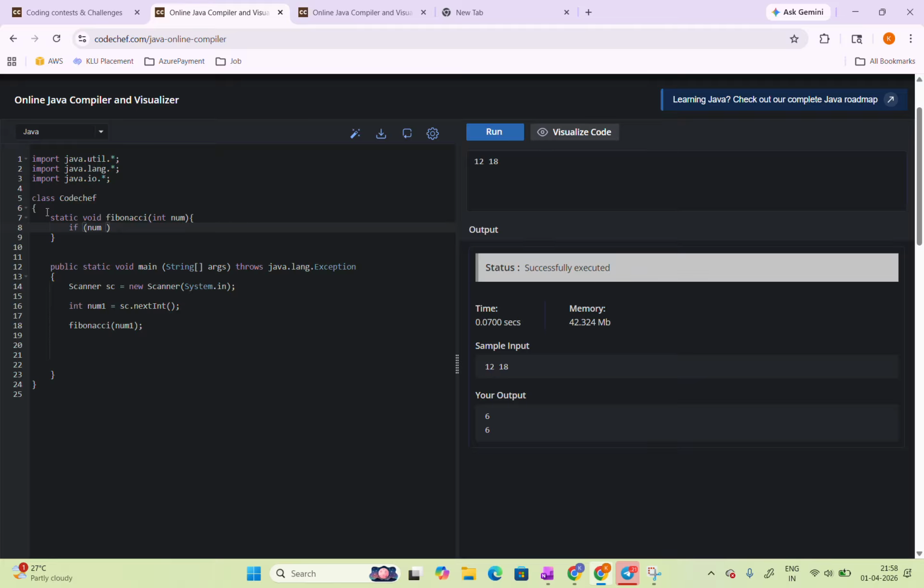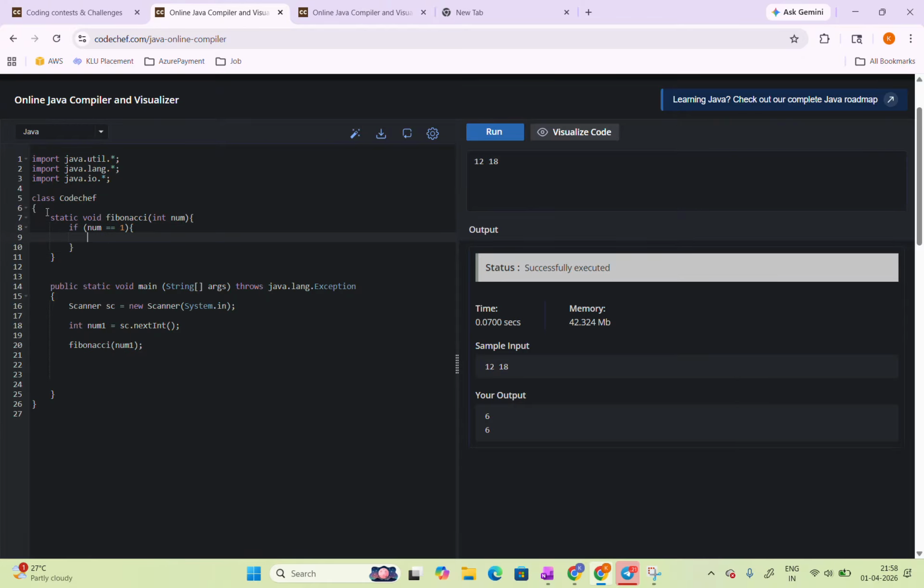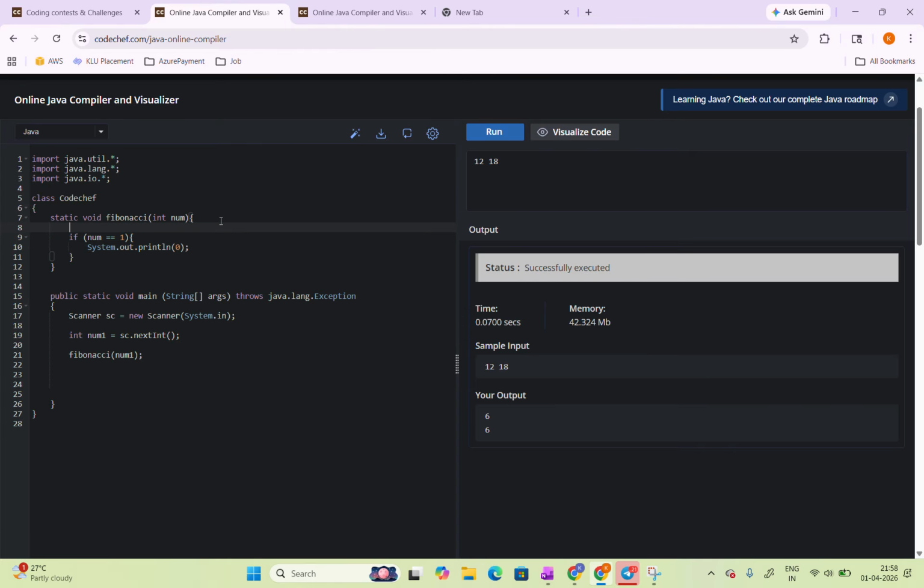If num is equal to 1, I'm just printing 0. Int a is equal to 0, int b is equal to 1. So I'm going to print a here.